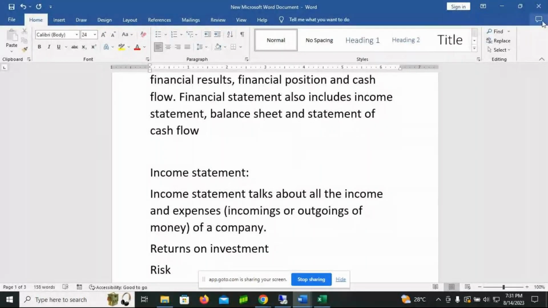So let's start with our income statements. If we finish the basic income statements, next class we can proceed with the other income statements and the balance sheet, so that we have sufficient time for our case studies.